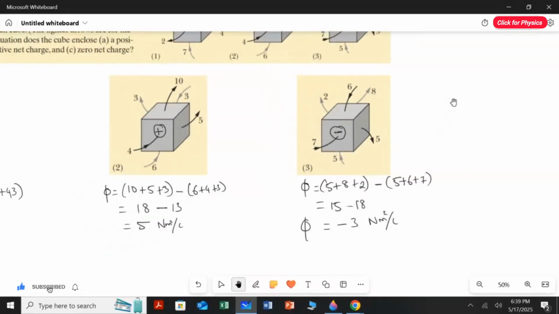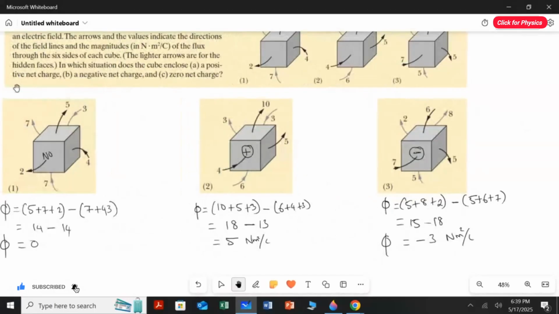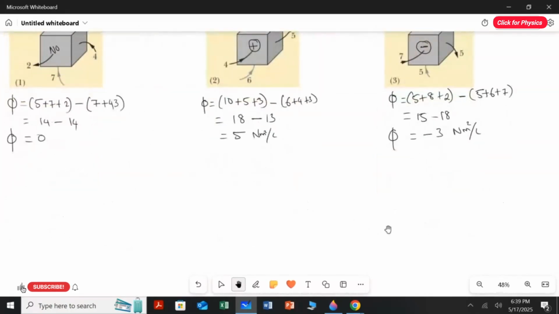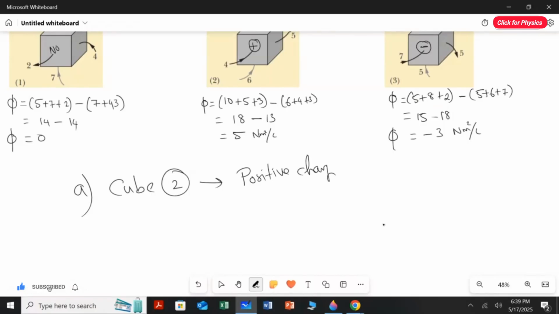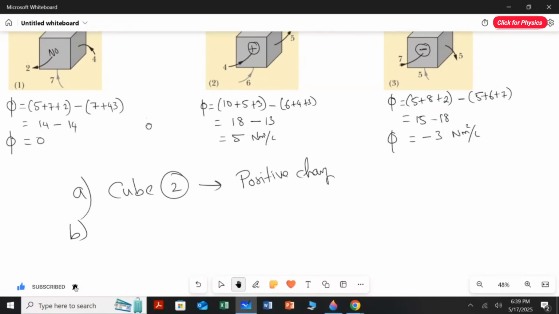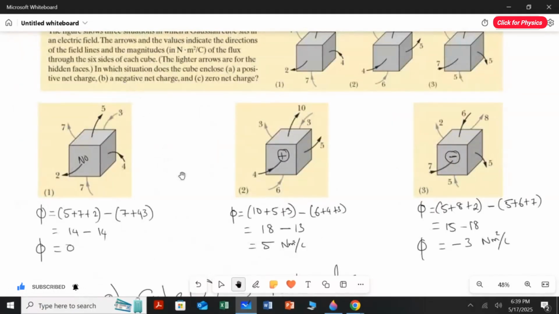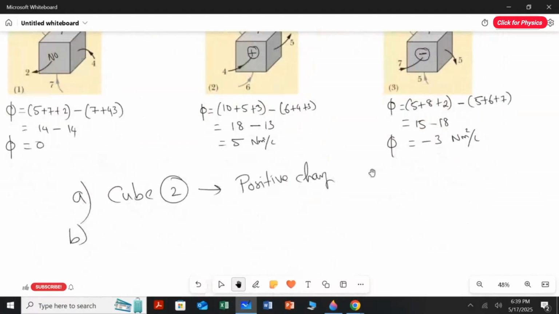Now we have to answer this question. Which cube has the positive charge? That is our first question. The cube 2. That means the second cube has the positive charge. For A, cube 2 has the positive charge. And then B, the second question, they're talking about the negative charge, right? So that means negative charge is from cube 3.